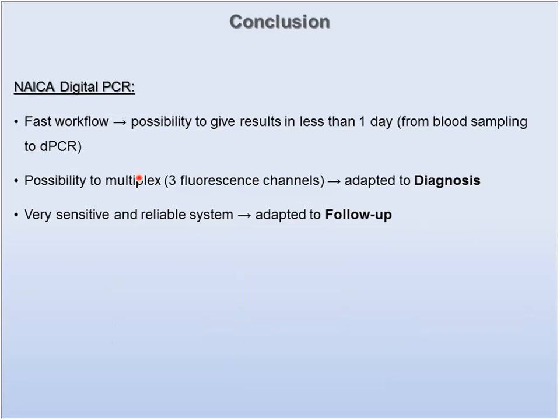It's also possible to multiplex thanks to 3 fluorescence channels. So it's particularly adapted for the diagnosis of several mutations. And finally, this technique is very sensitive and reliable, which is adapted to the follow-up of patients for us.